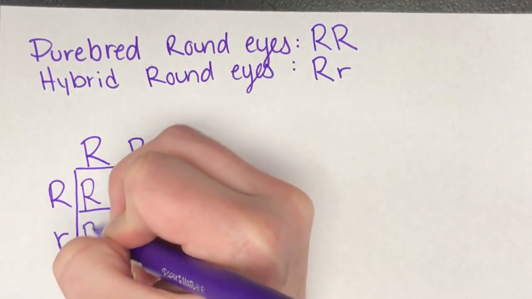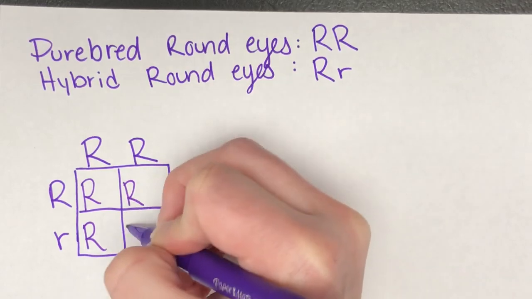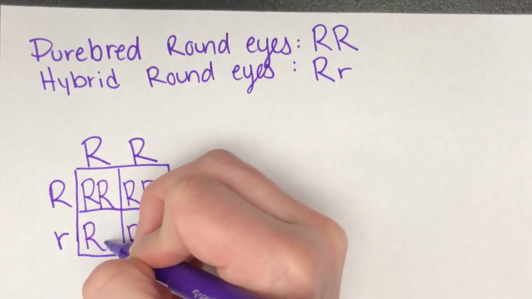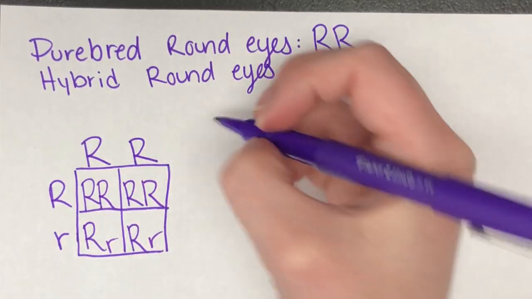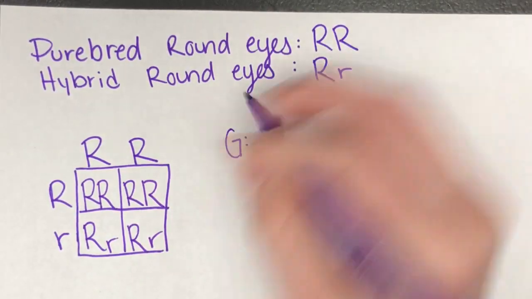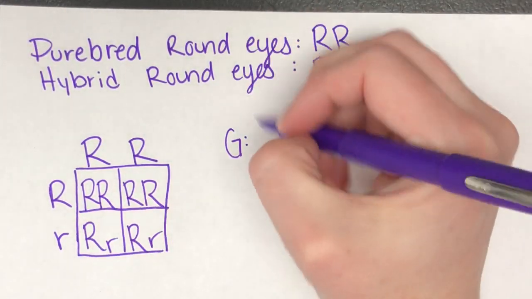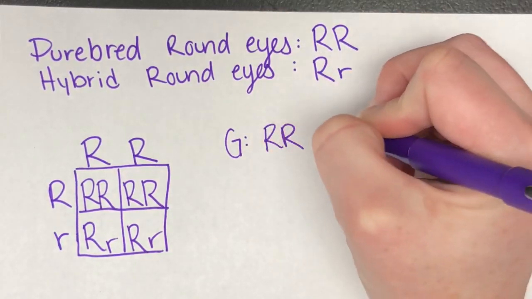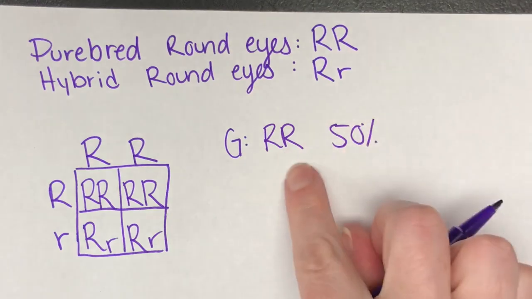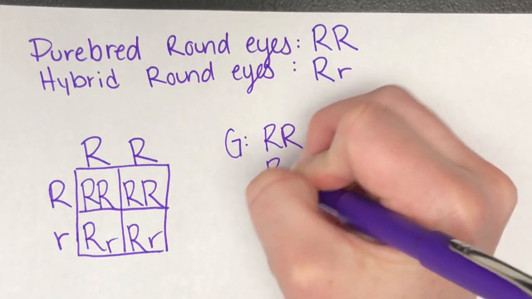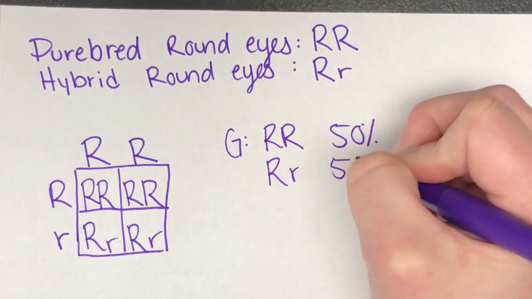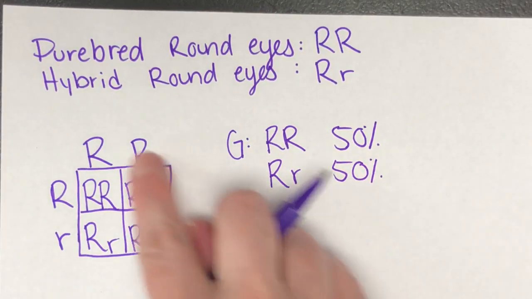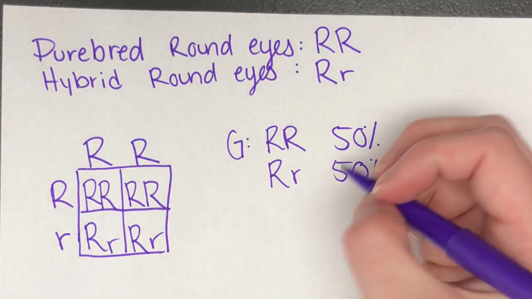Big R, big R, big R, big R, big R, big R, little r, little r. Okay, again, our genotypes. We have 2 big R, so 50% chance of big R, big R, and 50% chance of big R, little r, based solely on these 4 boxes.